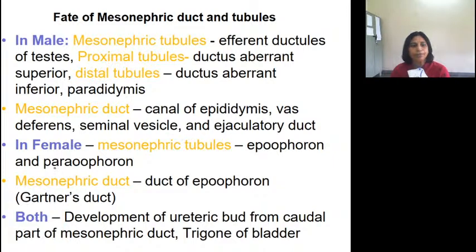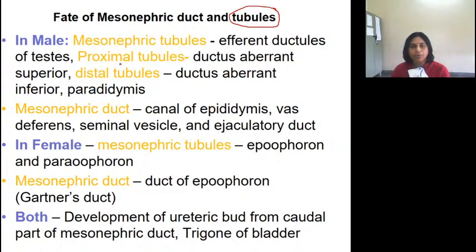The fate of the mesonephric duct and the tubules is important. Mostly these mesonephric tubules will be vestigial. So there is no role for these tubules, except for the efferent ductules of the testis.